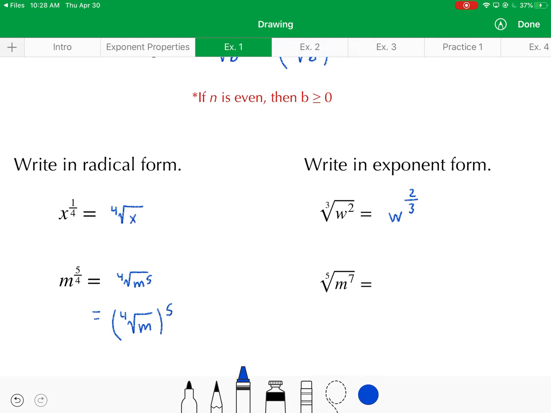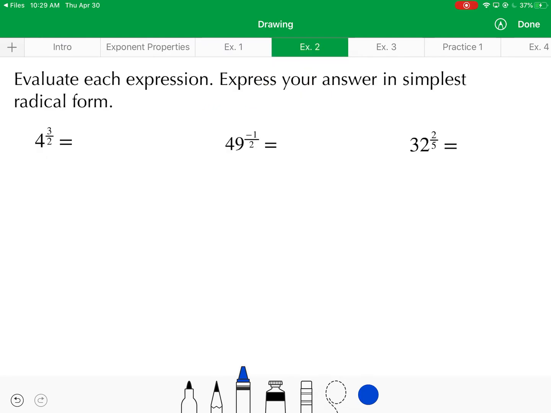And similarly, the 5th root of m to the 7th becomes m to the power of 7/5. Okay? So you definitely got to make sure that you are able to rewrite back and forth between the two forms, because sometimes it's helpful to be in radical form, other times it's helpful to be in exponent form.